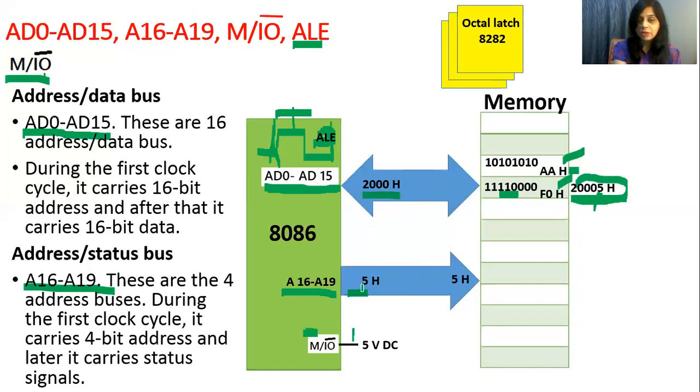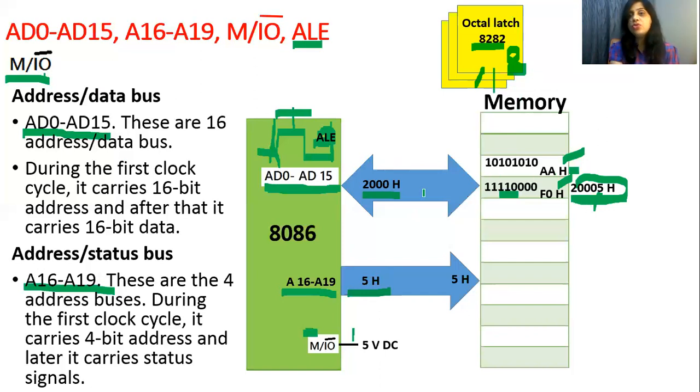The address available on the address bus. Who will latch that address? There are octal latches connected to 8086, that is 8282 is the octal latch. One octal latch holds 8 bits of address. Now what is the size of our address? It is 20 bits, and hence 3 octal latches are required to store this address.